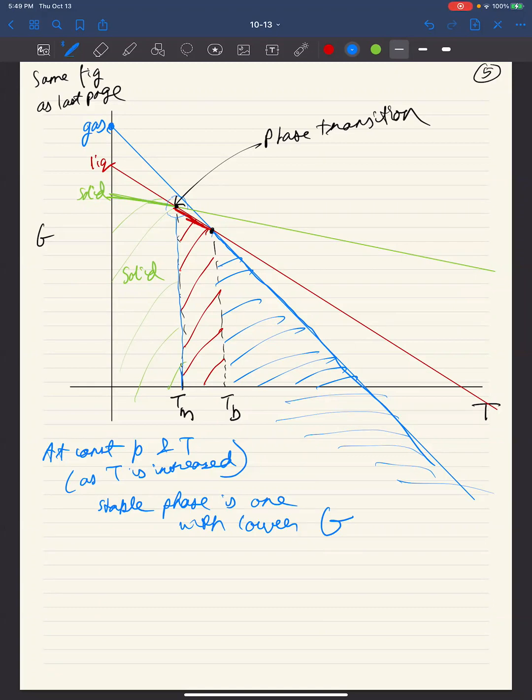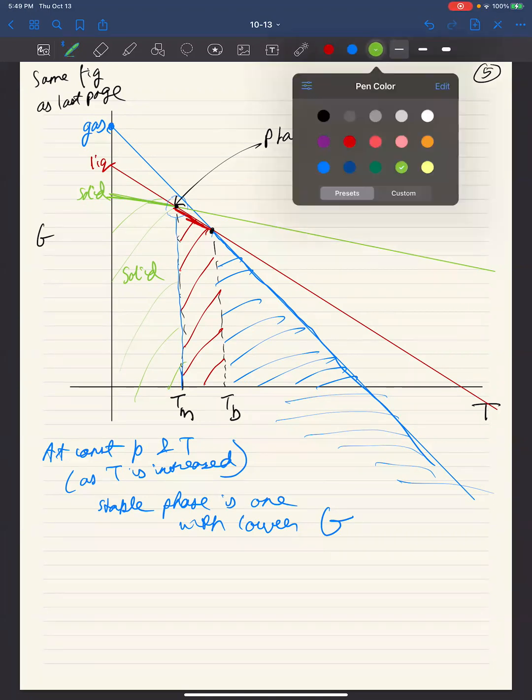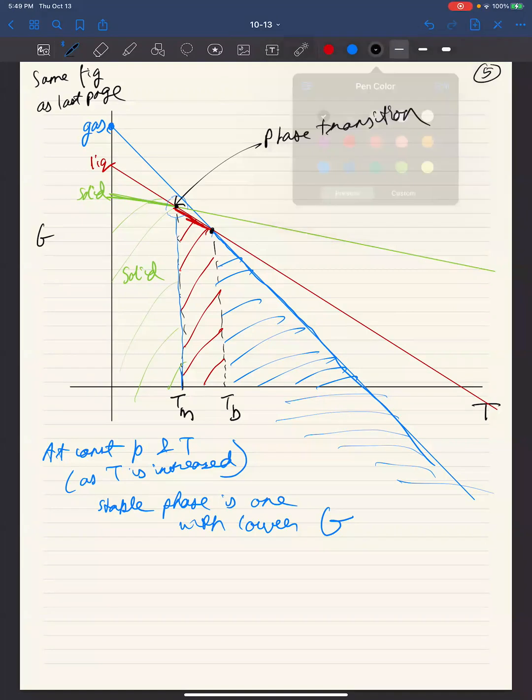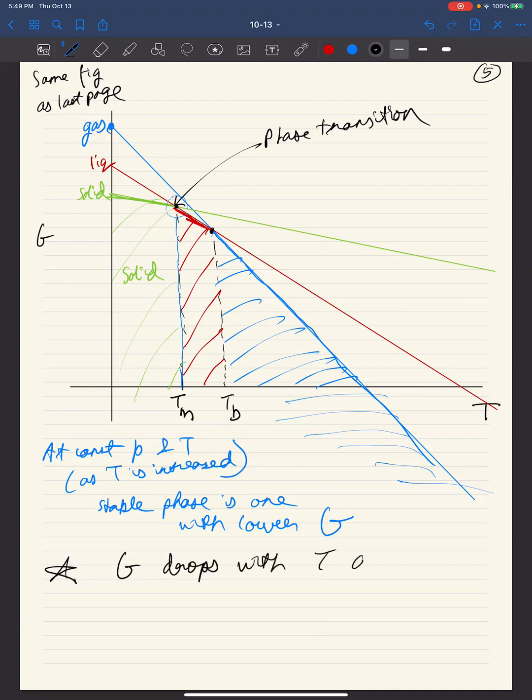This is known as the Ehrenfest classification, the same Ehrenfest whom you have probably seen in quantum mechanics. We are not going to get into classifications of phase transition, so I'm not writing it down here. This example assumes linear behavior, which is quite true, but the more important thing that you really need to remember is that G drops with T at constant pressure.